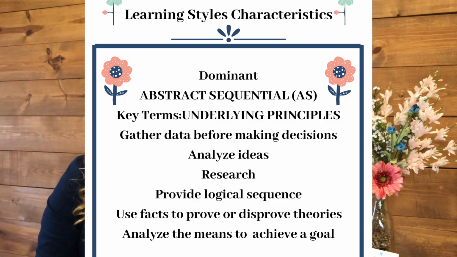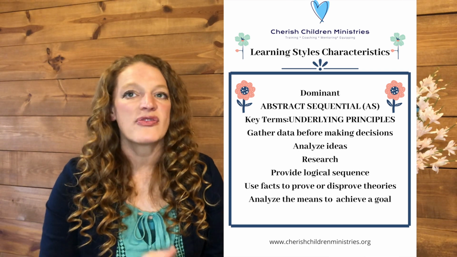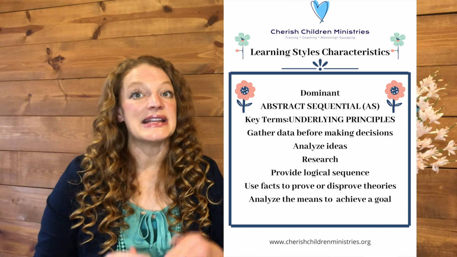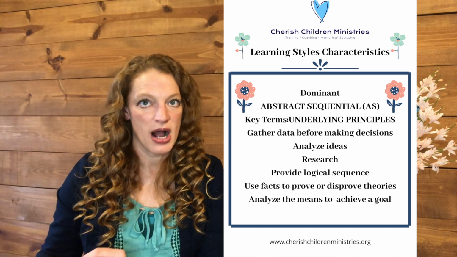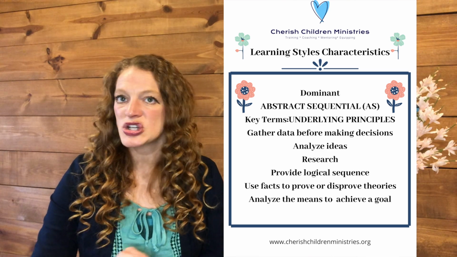The next style, the abstract sequential learner, wants as much information as possible before they ever make a decision. These learners need enough time to do a thorough and complete job. These learners prefer to get directions actually in writing.